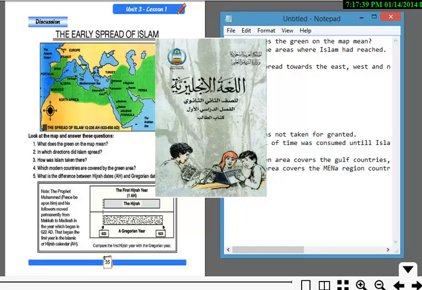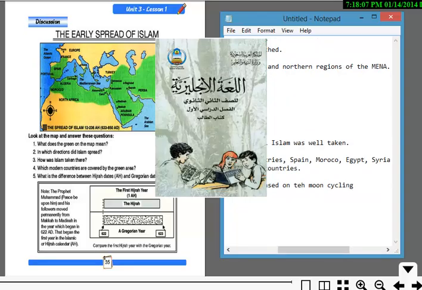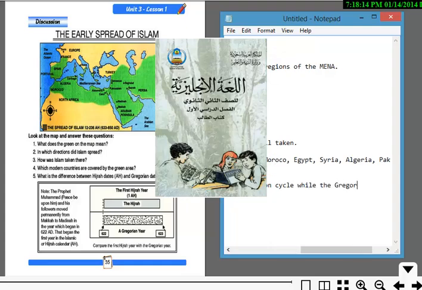Well, let's compare by saying Hijra dates are based on the moon cycle, while the Gregorian is based on the earth's cycle around the sun.